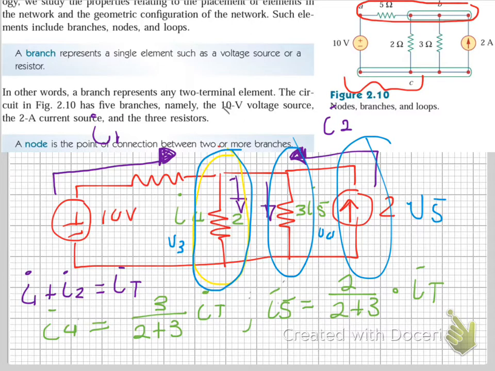And the one thing about series, I might as well write it in here. This is getting a little bit messy. Sorry for that, I didn't plan for it to all squeeze onto this page. So for that branch, the voltage, we'll call this V4 there, and V5. Wait, actually no, that's V3. My bad.